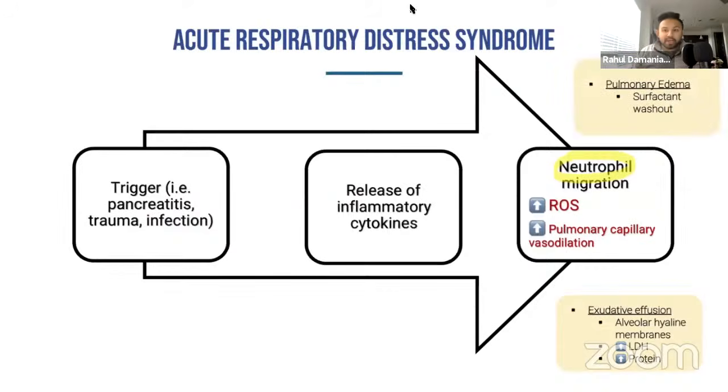Finally, what you've got to know is that because you have pulmonary capillary vasodilation, that causes a washout of surfactant. And when you have a washout of surfactant, your lung compliance really just tanks. So surfactant washout and exudative effusion causing a high interstitial barrier as well as VQ mismatch, very important pathophysiologic mechanisms at play in ARDS.